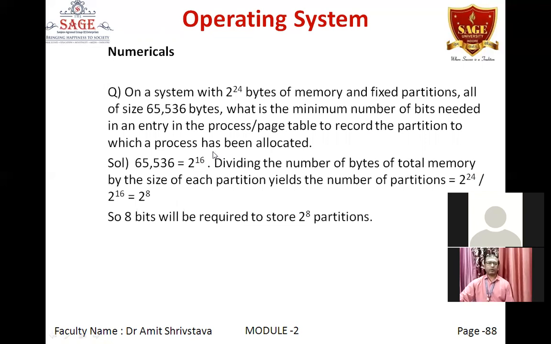So simply divide 2 to the power 24 by 2 to the power 16, it becomes 2 to the power 8. So it means the maximum number of partitions which can be present in the memory is 2 to the power 8, which is 256. So for accessing these different partitions, we will require 8 bits. So 8 bits will be required to store 2 to the power 8 partitions.